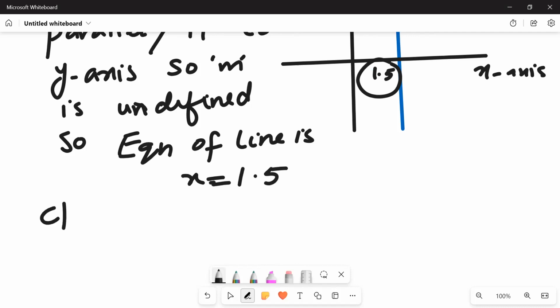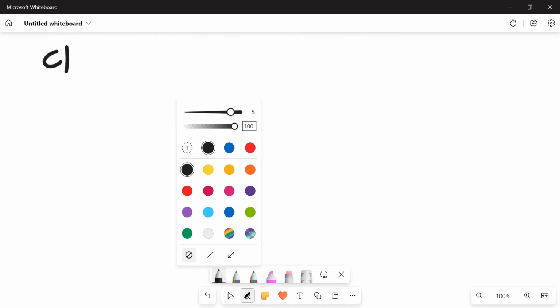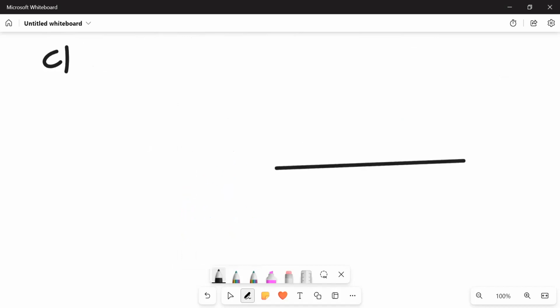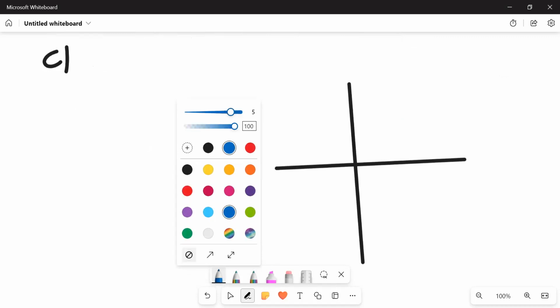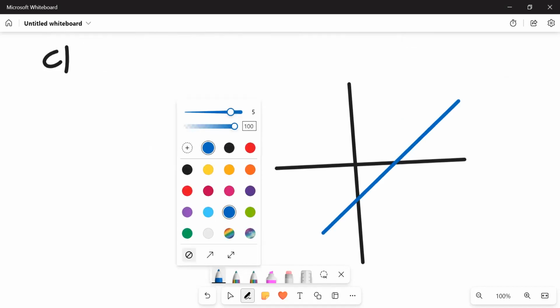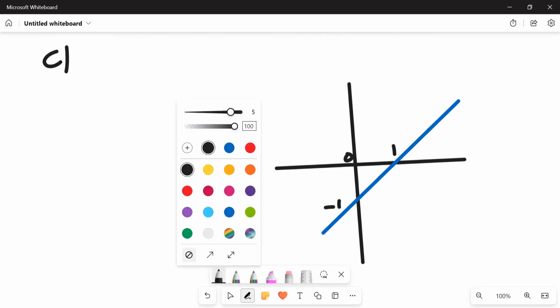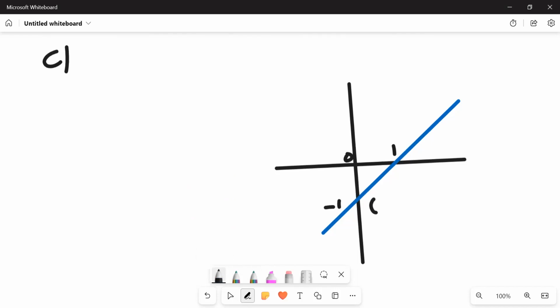Now the c part. This line is passing through -1 and 1. If this is -1 and 1, -1 is for y.